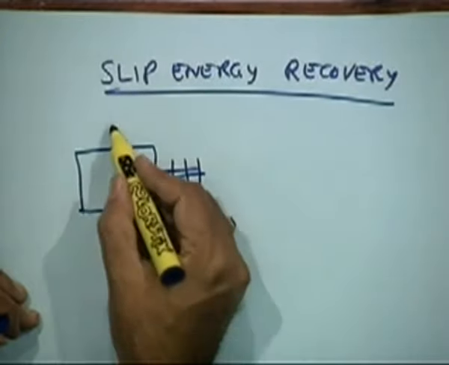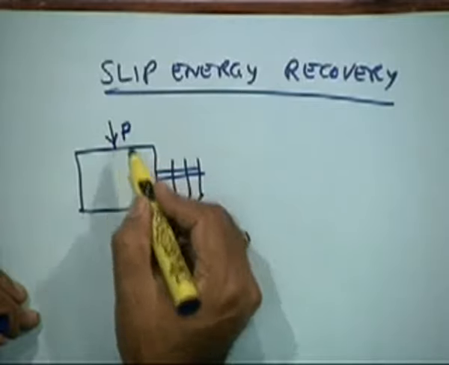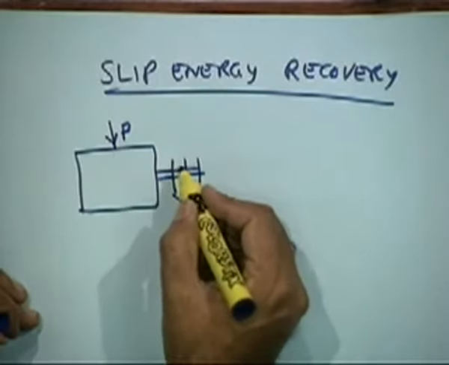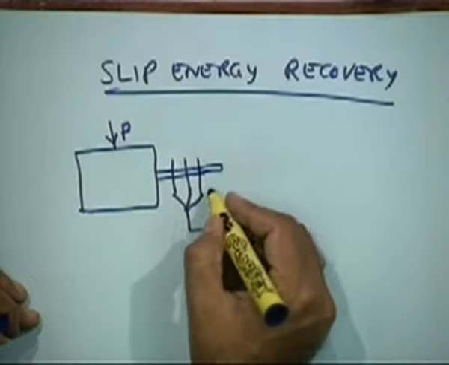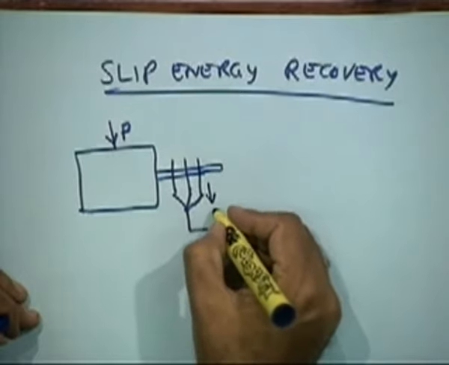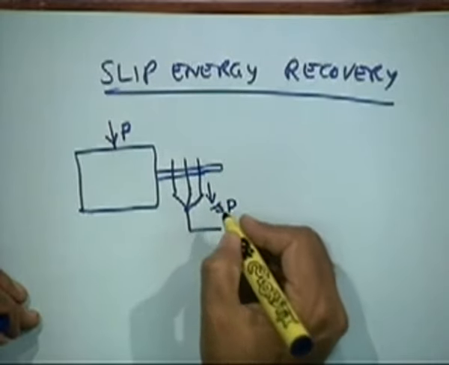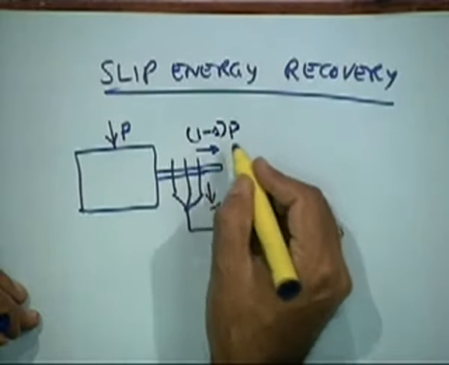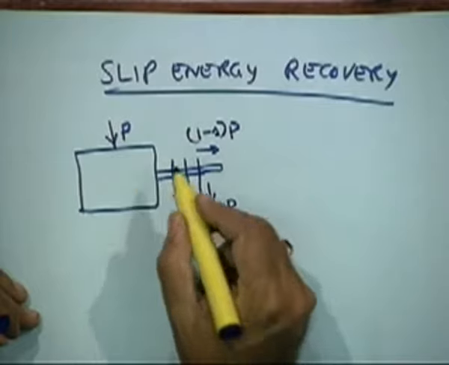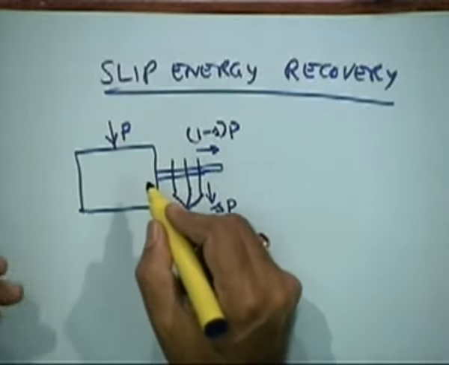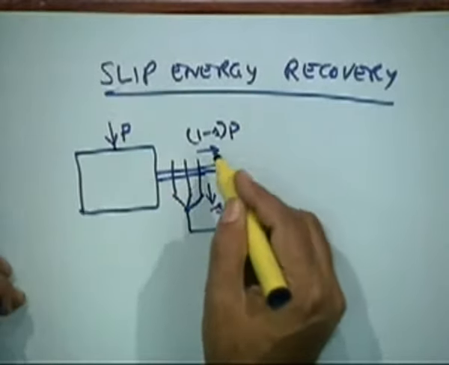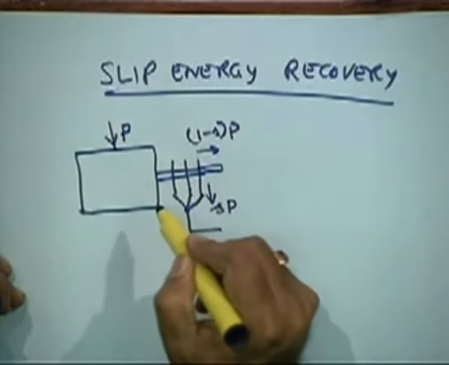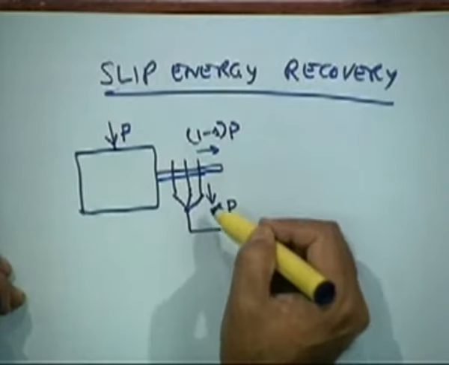So if this is power P, this will be the slip times power goes here, and this will be 1 minus slip times power goes to the mechanical load, neglecting other things. If the power going into the air gap is this, if it is running at 50% speed, this will be 50% and this is 50%.